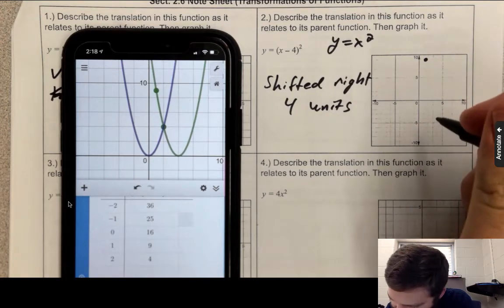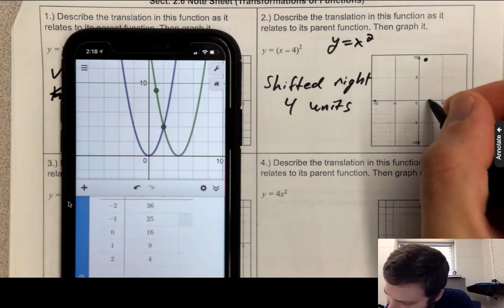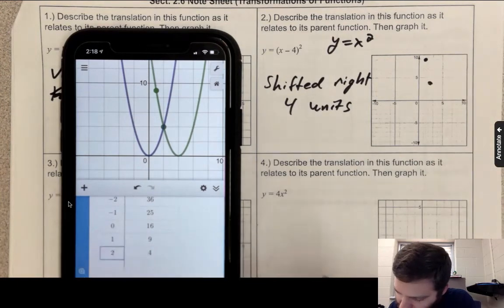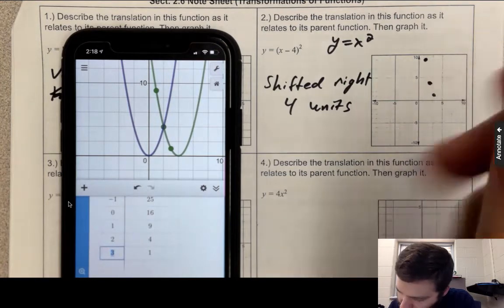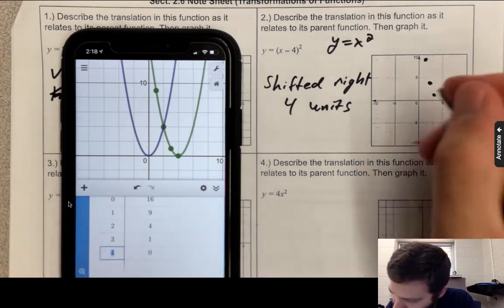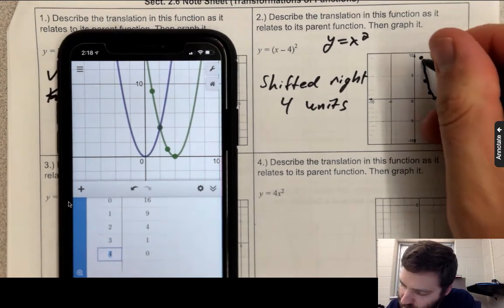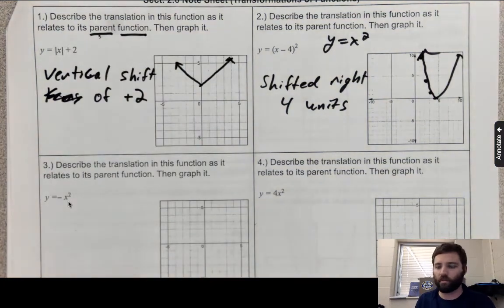I can't graph that. And we have 2, 4. So over 2, up 4. And then I suspect that we will have 3, 1, and 4, 0. And we'll do the same thing going this way. So just a sketch is fine. We don't have to get super picky with the points, all right? So it's been shifted right 4.